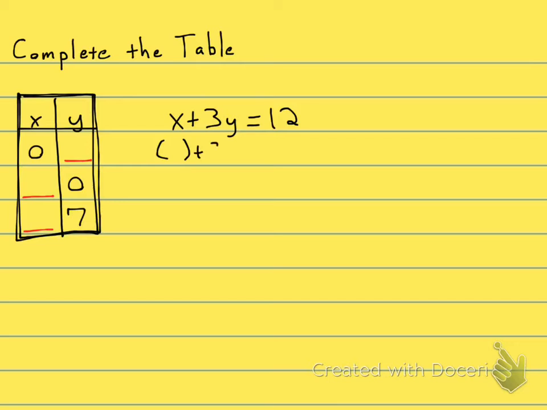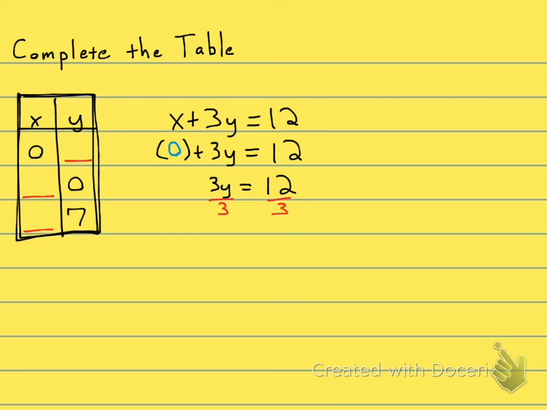x plus 3y equals 12. And what am I putting in for x? A 0. So 0 plus 3y equals 12. 0 plus anything is just itself, so this term really just goes away. This is going to be 3y equals 12.